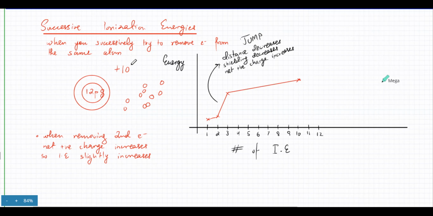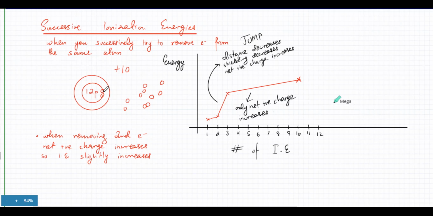So only net positive charge increases. So there's not going to be much of a jump here. Every time you're removing electrons, the distance and shielding pretty much remains the same. So you've removed the 10th electron. So all 10 electrons in total are gone. You're left with the last two electrons.